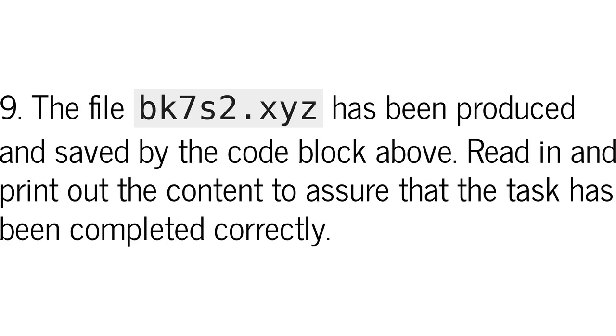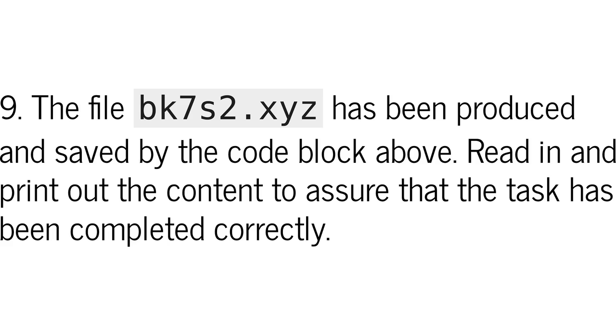After running the previous code block, the file bk7s2.xyz should have been created and saved in your current working directory. To ensure that our data conversion task was performed correctly and the output file has the desired XYZ format, we will now read in this newly created file and print its contents to the screen.